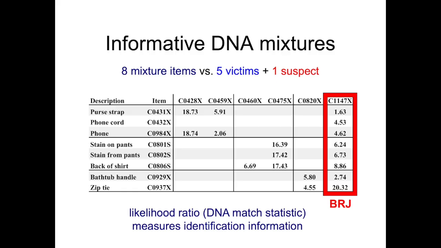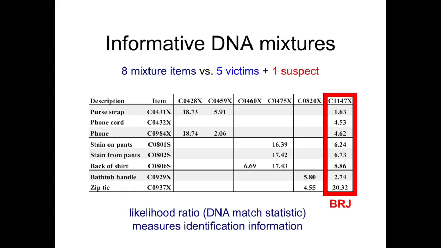If you look down the diagonal, you're seeing that within each crime scene, TrueAllele has analyzed these uninterpretable mixtures, these 8 items, compared them with the 5 items and the 1 suspect, and we're showing the likelihood ratios, the DNA match statistics, using logarithms, which is the number of zeros. So 6, 1 followed by 6 zeros, is a million. It's easier to look at a number like 18, which tells you it's a billion, than to write it out. And you see how TrueAllele has separated things out.